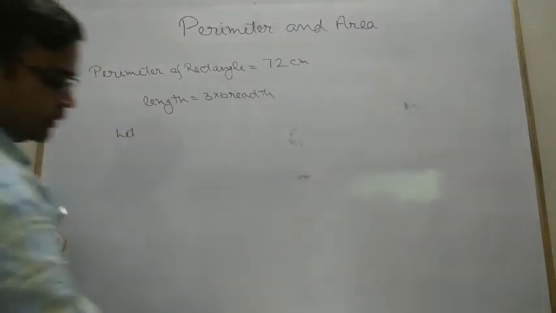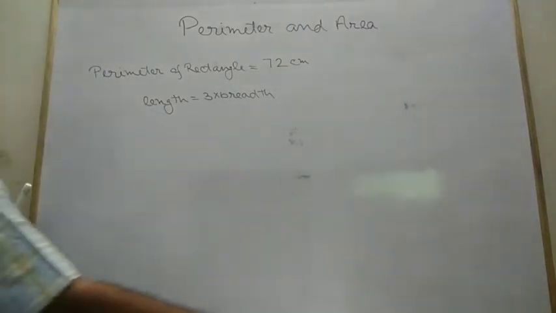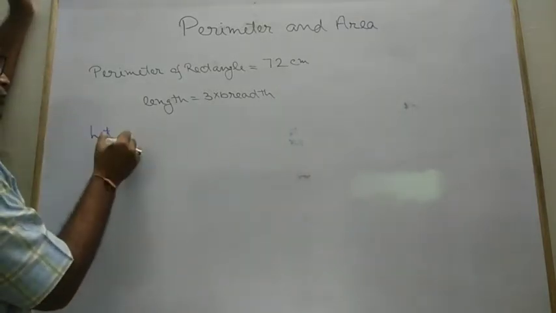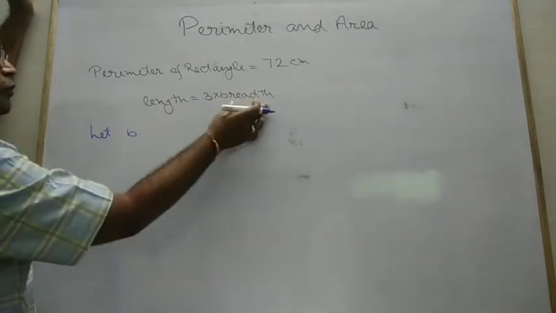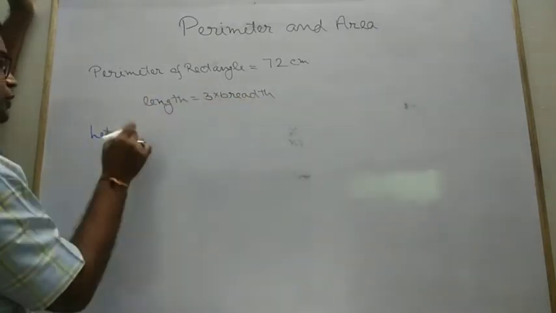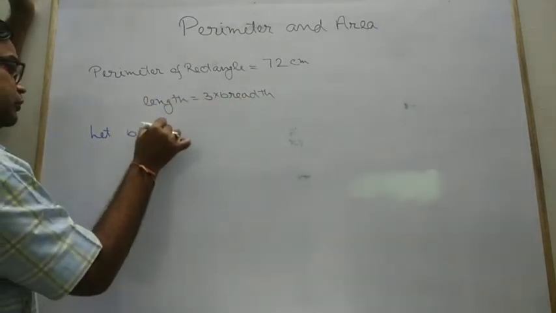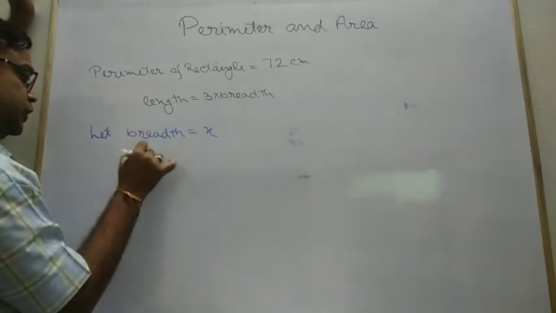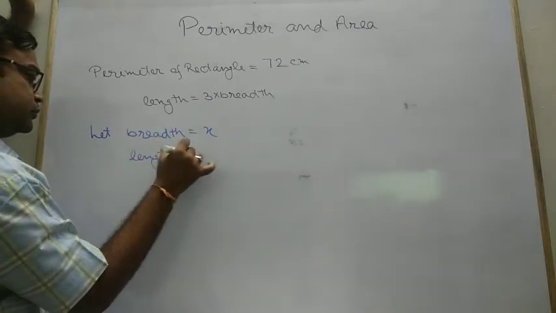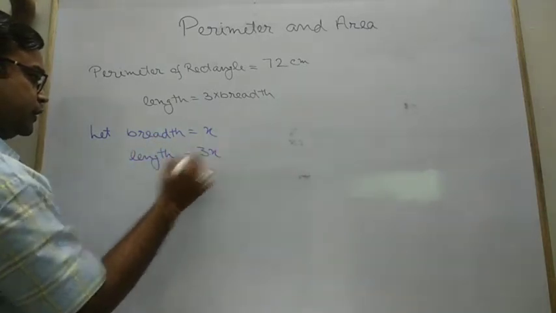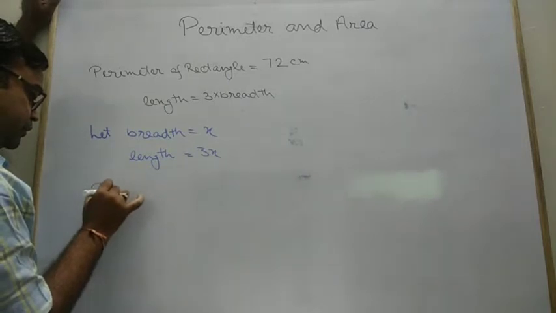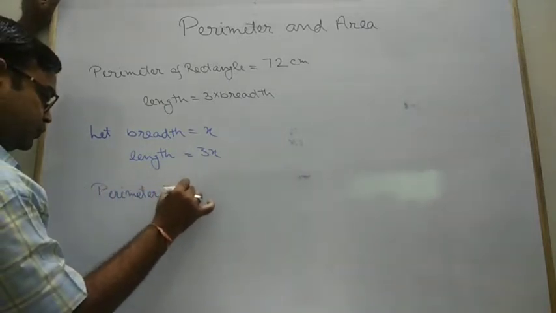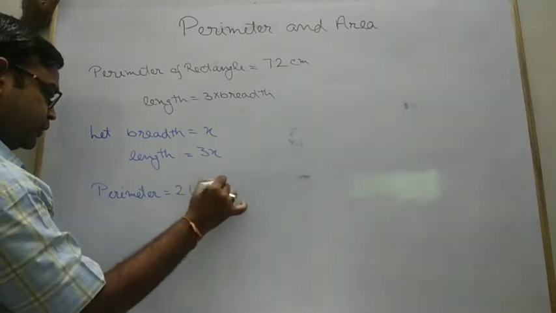Now the solution part, we start to solve. We always suppose the smallest part to be x. So here breadth is the smallest. Breadth equals x, so length equals 3x. Perimeter equals 2 into (length plus breadth).